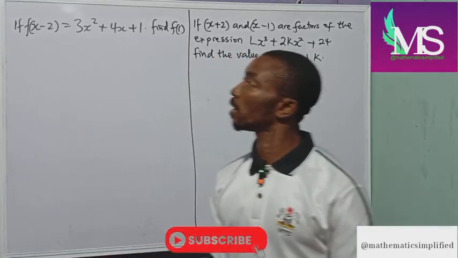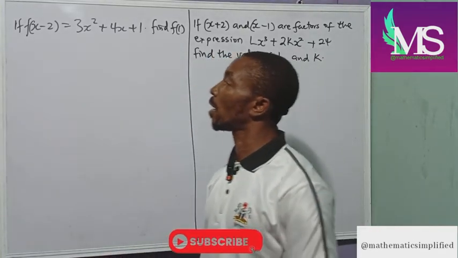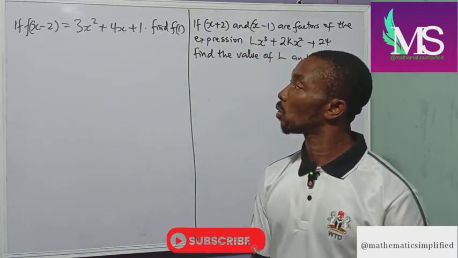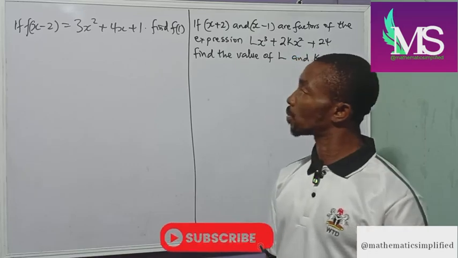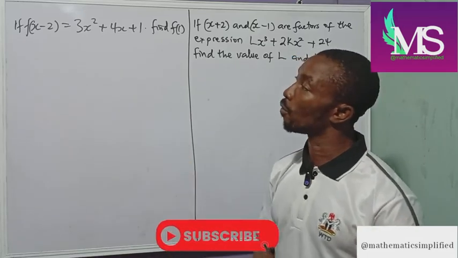Our next question says, if f of x minus 2 equals 3x squared plus 4x plus 1, find f of 1.